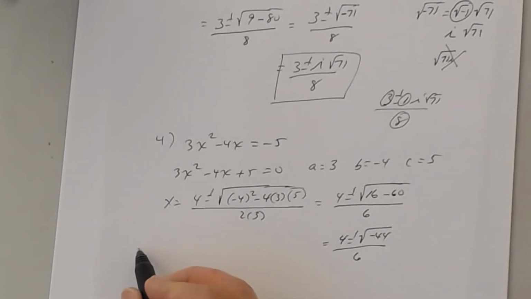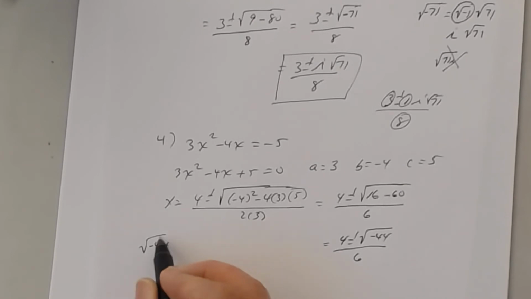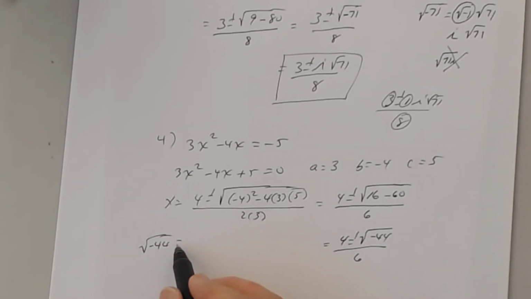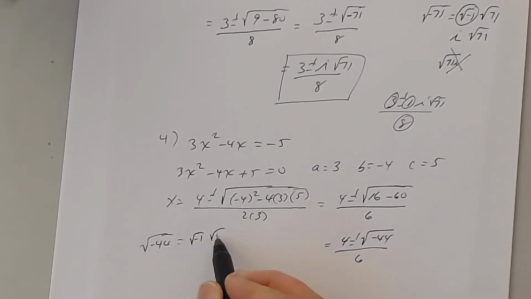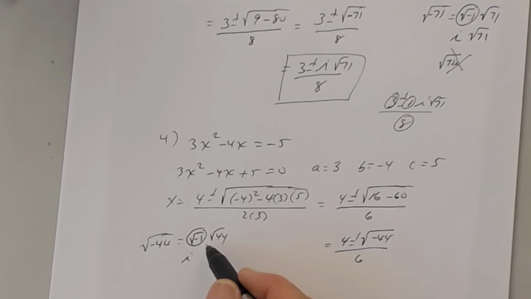So if I go off to the side and look at the square root of negative 44, I know mathematically I can write this as the square root of negative 1 times the square root of 44. And I know by definition the square root of negative 1 is i. I also know that besides 1, there's another perfect square that goes into 44, and what is that? 4.